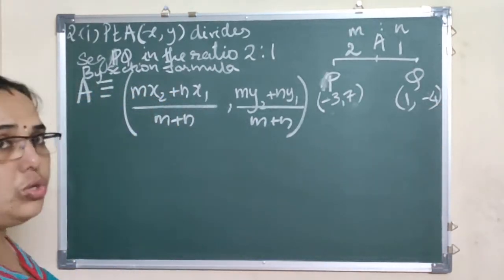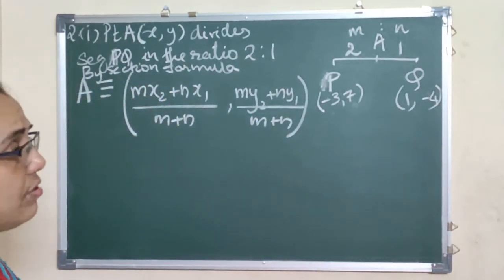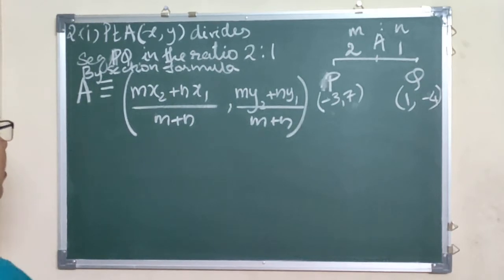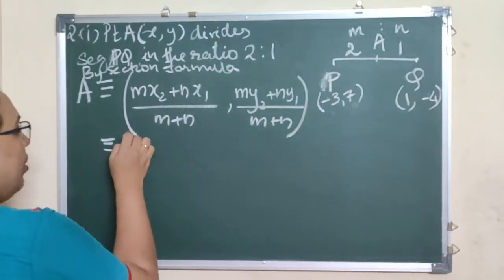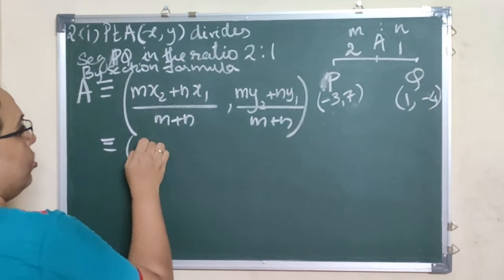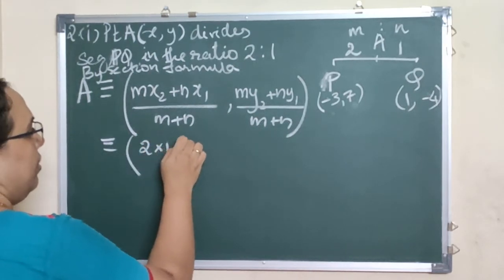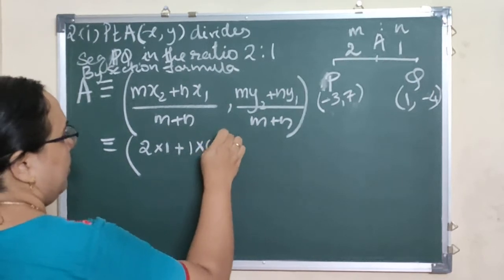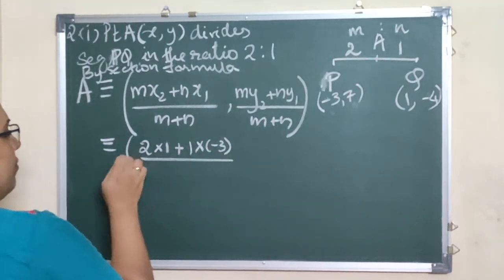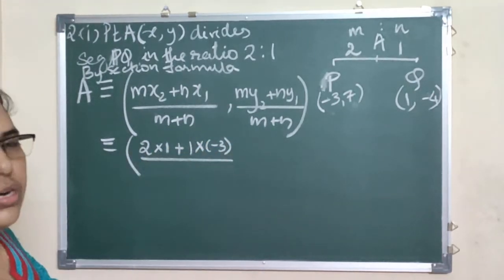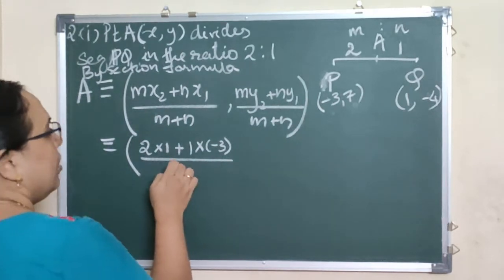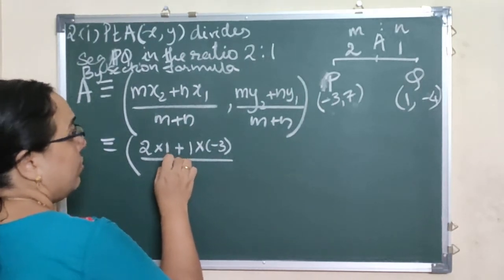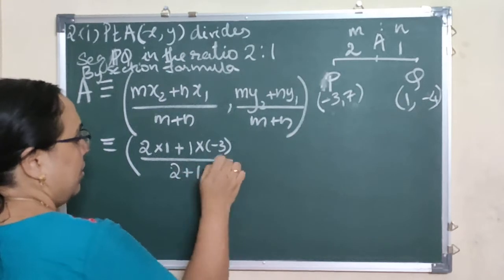And what is the ratio? According to the sum, it is 2:1. So let us substitute. What do we get is 2 into 1 plus 1 into -3. Whenever there is a minus sign, put it in bracket so that we don't forget the minus sign.